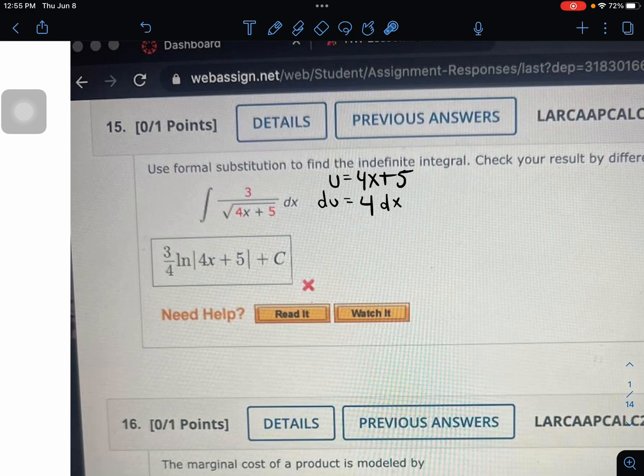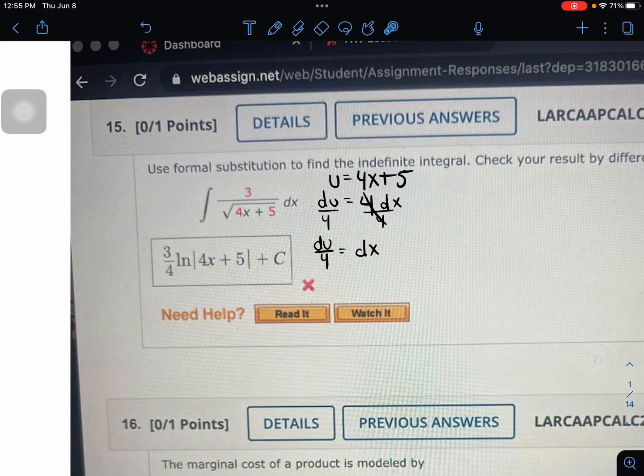And I'm going to solve this for dx by dividing both sides by 4. So I'm going to divide this by 4 and this by 4. These 4's cancel out, so du divided by 4 equals dx. So when you're doing u substitution, always solve for that dx.